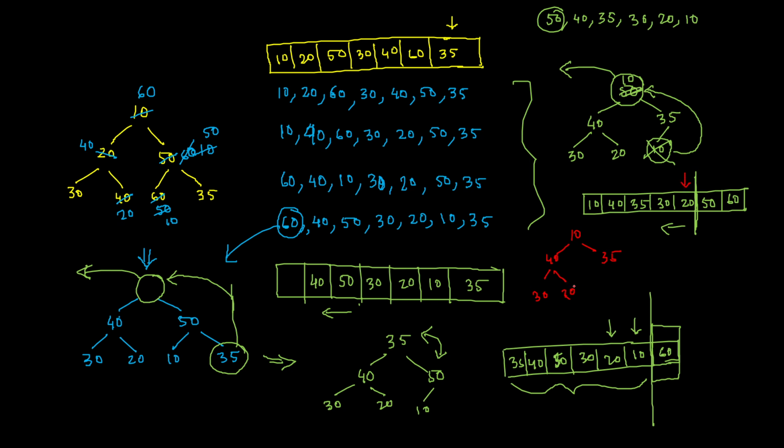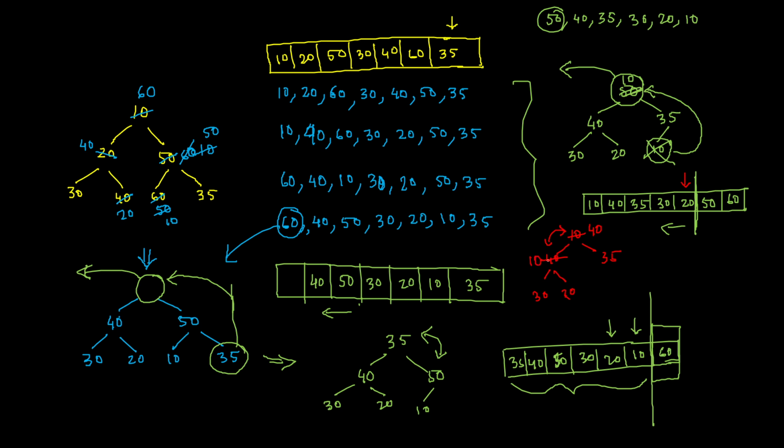So we will start from here, we will see that this part remains okay. So among these two, now 40 is greater, so 40 should now be checked with 10, and we will find that 10 is lesser than 40, so we will have a swap between 10 and 40, right? So basically 40 will come here and 10 will come here.